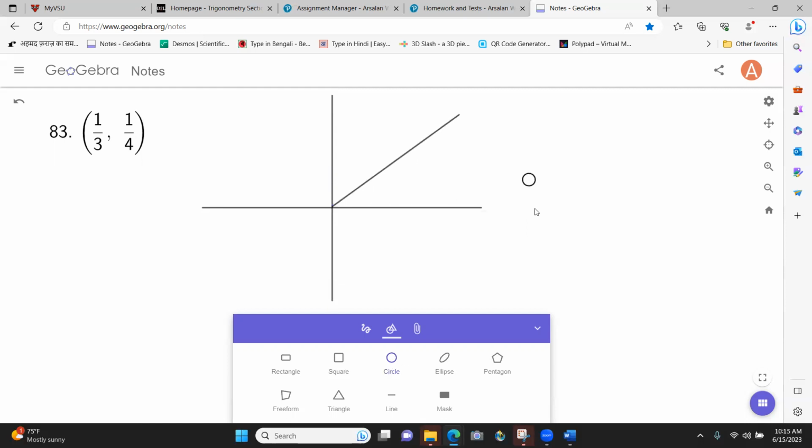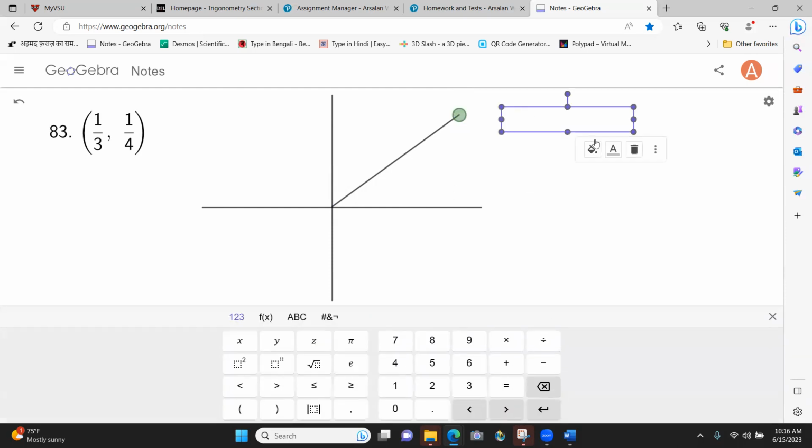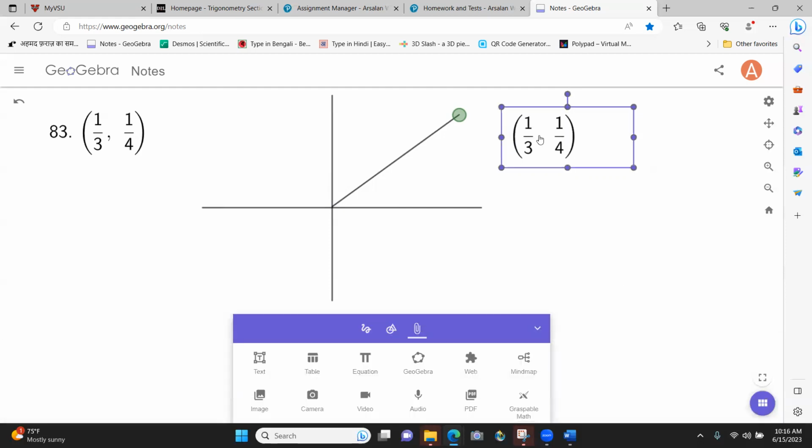Let's make a big green circle. That's going to be my point. And the coordinates of this green point are 1/3, comma 1/4. Now, these are the coordinates of the green point, guys.